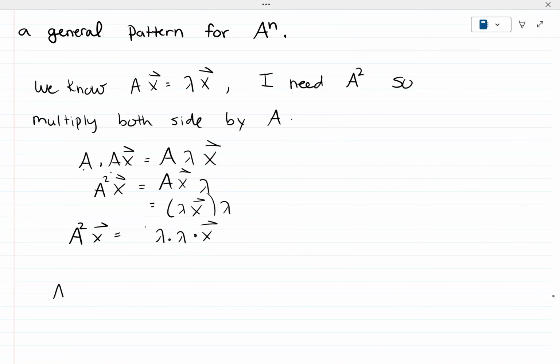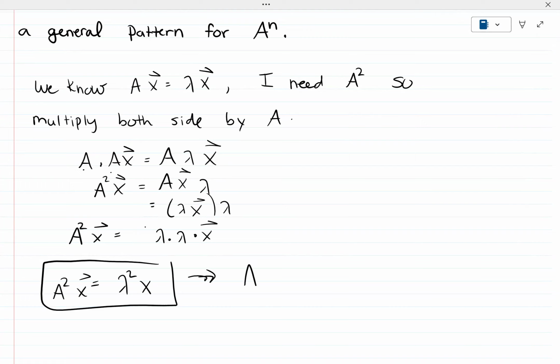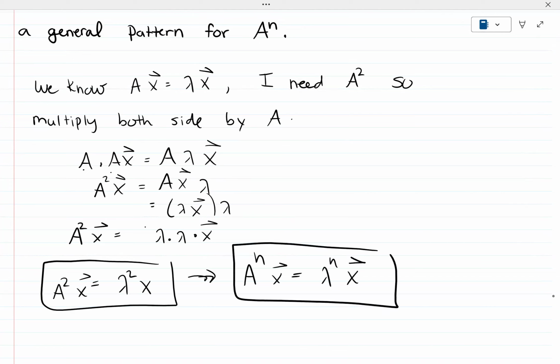So A squared times vector x is equal to lambda squared times x. So this is your answer, because it's in the form of A to the n times vector x is equal to lambda raised to the n times vector x. Okay, so that's that simple.